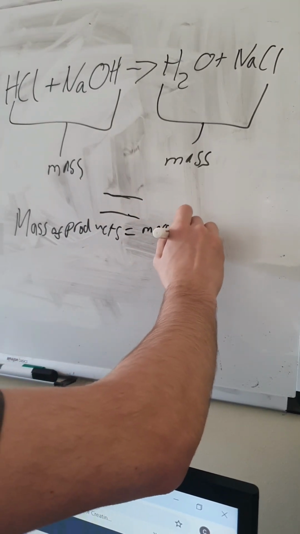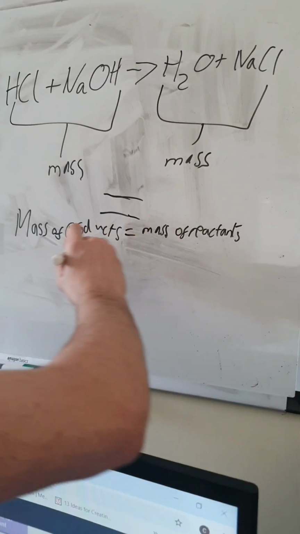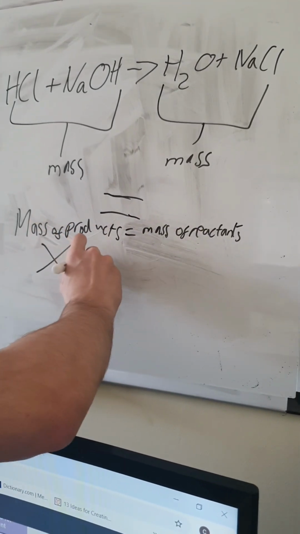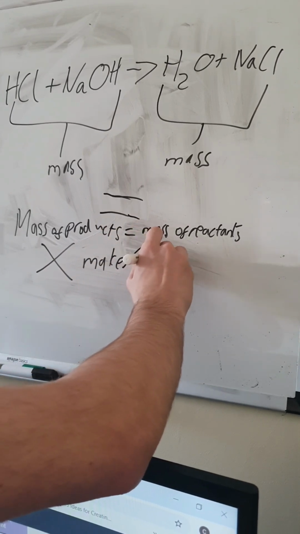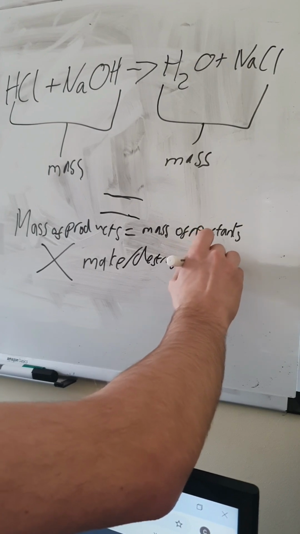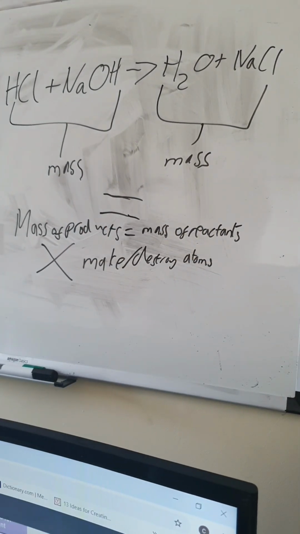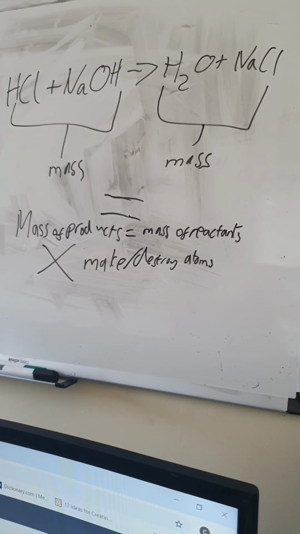Simple. So we do not just make or destroy atoms or mass. Okay? So that's the very first bit that we have of quantitative chemistry.